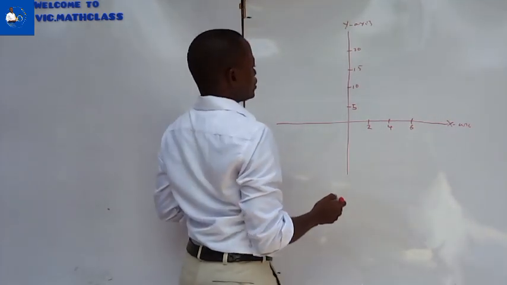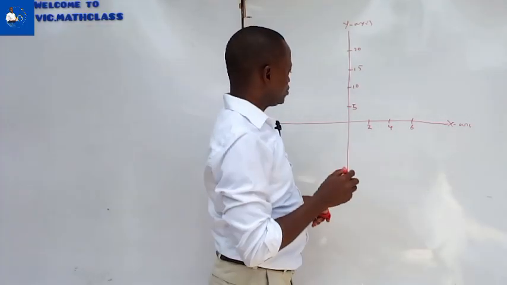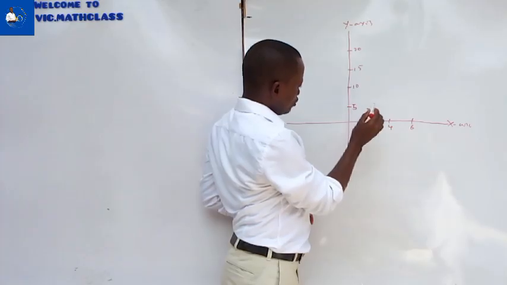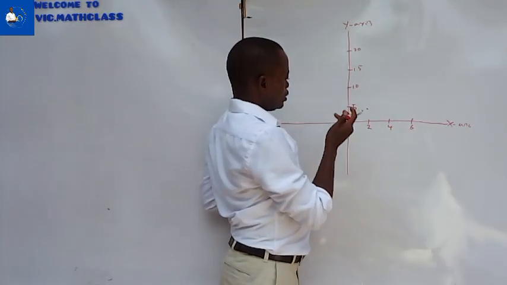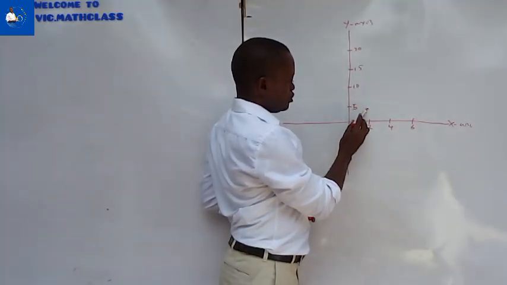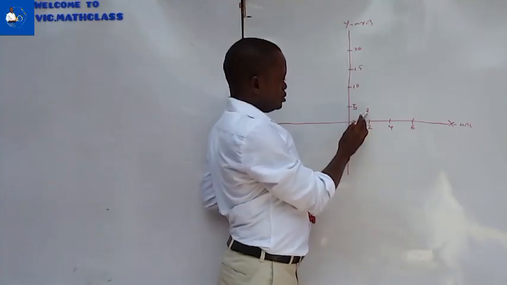So you realize that, take a look at this point. A point here on this plane can be said to have a value of y being 5 and a value of x being 2. Do we get that?